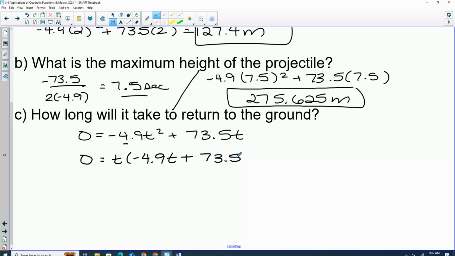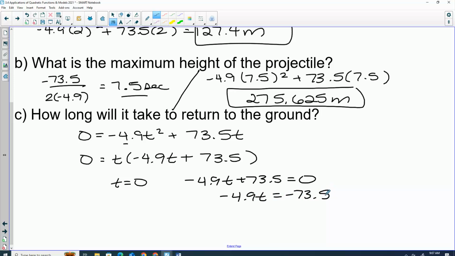So that's your 0 that you're starting with. Okay, so I get 2 times.